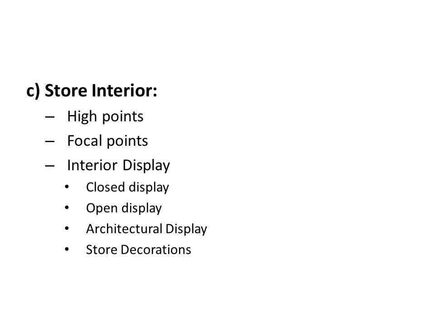The store or the shop will be decorated for any holiday such as Christmas or any festival, any national festival or any other special occasion. They'll use different flower decorations or different kinds of decorations in order to attract and grab the attention of the customer. Okay, so all these are the main elements of visual merchandising.